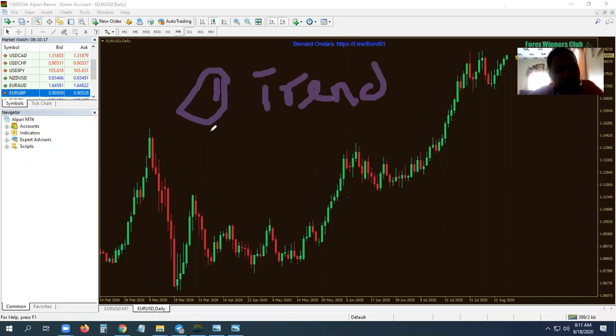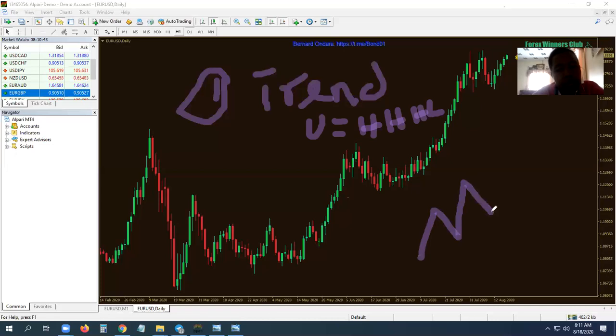I was able to share with you ways of determining the trend using the higher highs and higher lows. Just remember that in an uptrend, we will always have higher highs forming together with higher lows. We make a high, a higher low, a higher high, a higher low, a higher high.